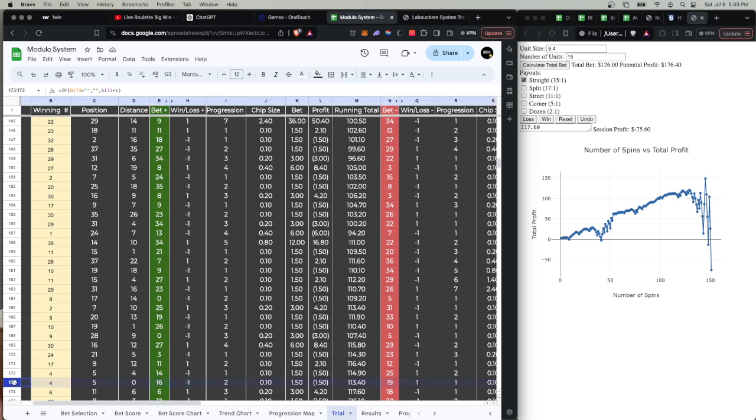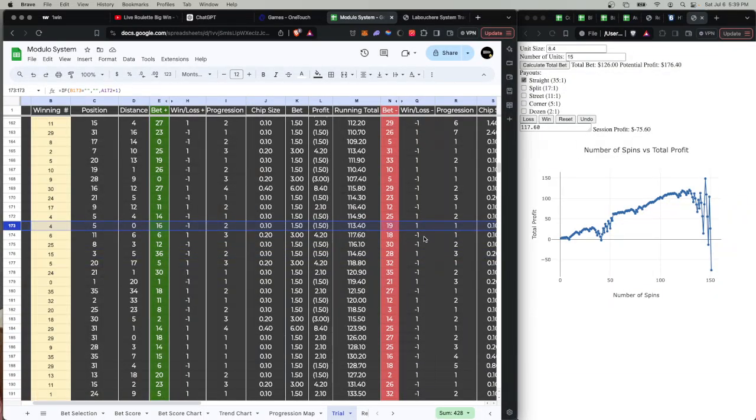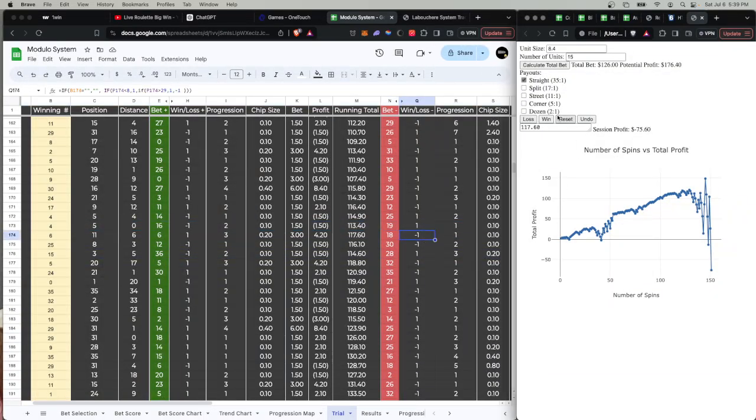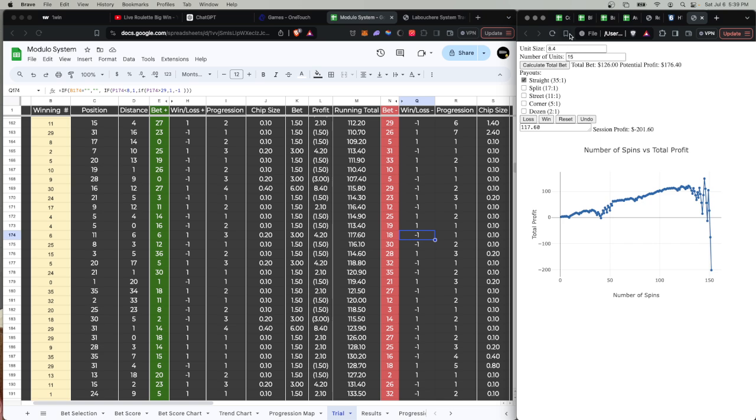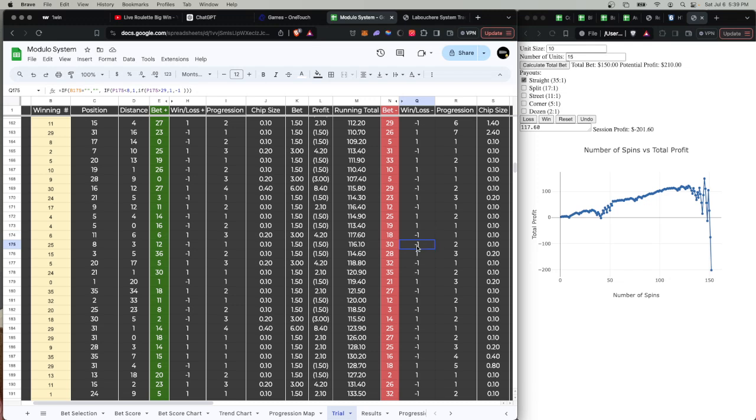And we're switching to the negative trend. And we suffer another loss. So now we're at a point of no return. Calculate that bet. And this ends up losing as well.